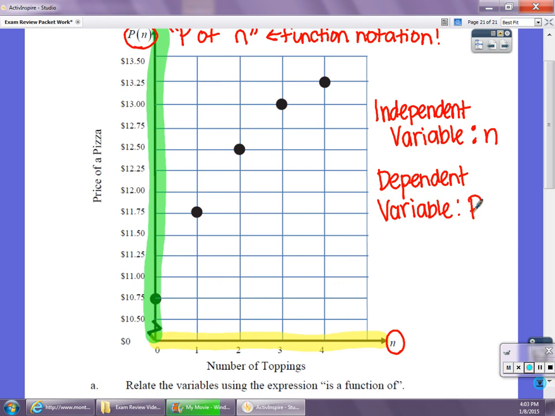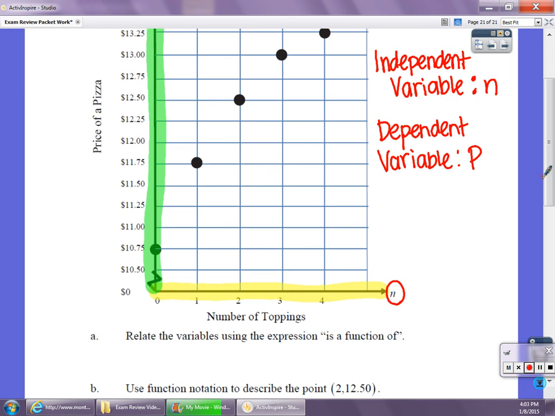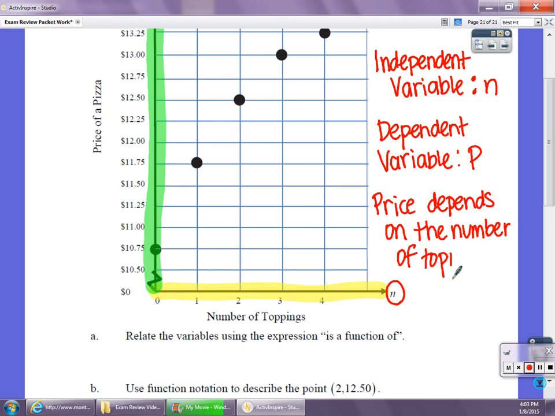So we know our independent variable is going to be the number of toppings and our dependent variable is the price. The other thing I like to say is that the price depends on the number of toppings. That's just another way to describe the function.